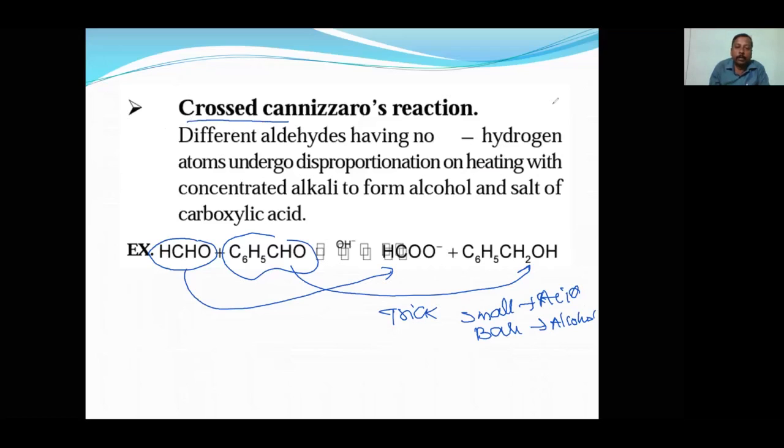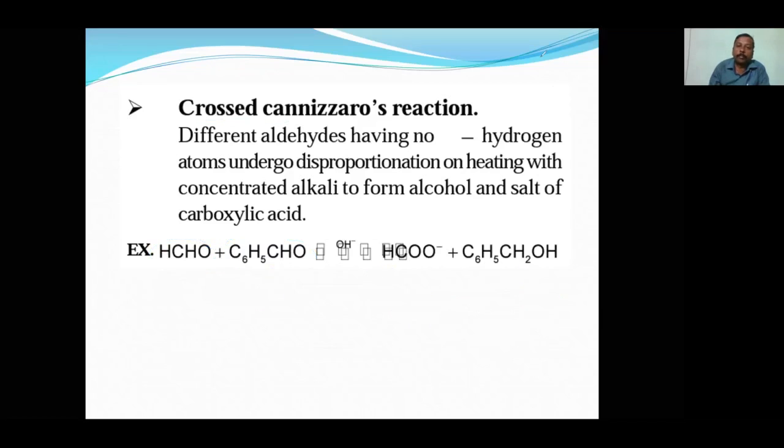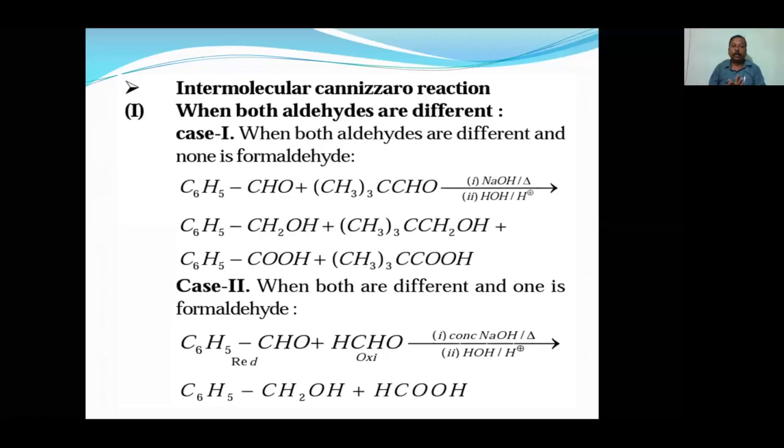Crossed aldol we have seen, four products are there. Again and again I am repeating because that much important it is. Intermolecular, when both are the same molecule, is very easy; when both are different molecules, it is very difficult.